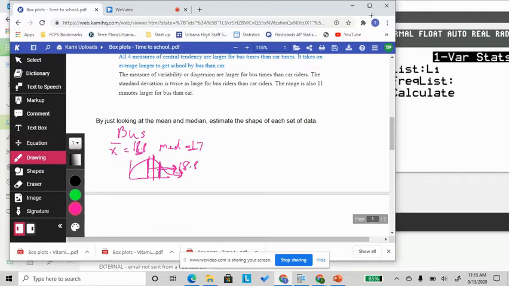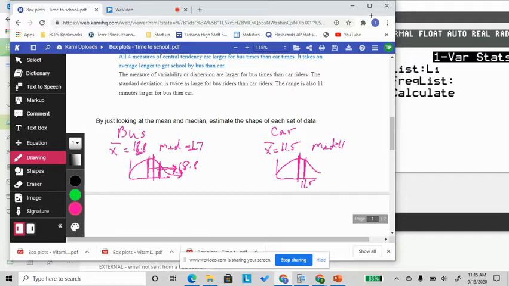Over here, though, we have the car times. For the car times, the mean was 11.5, the median was 11, and so was the mode. The mode is going to be the highest point, and it's going to be a wee little bit of a skew because this is 11.5, but here's your mode and median at the same place.